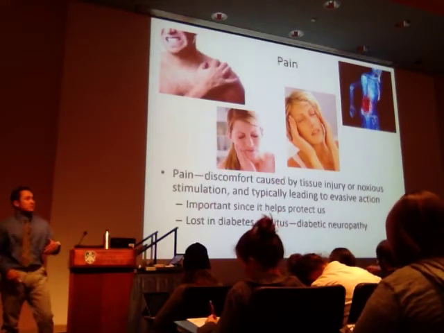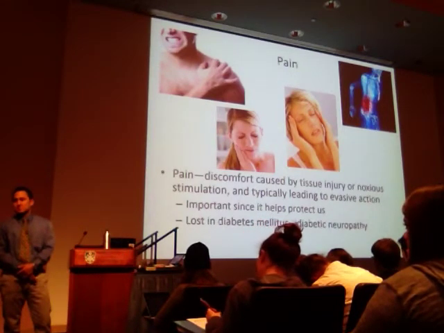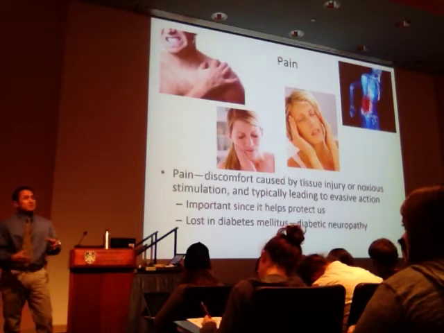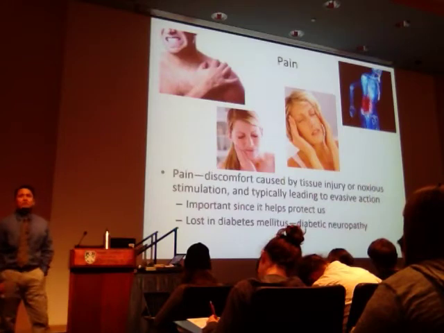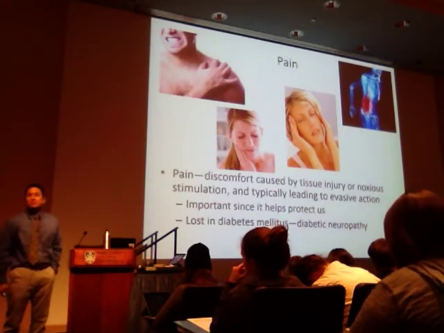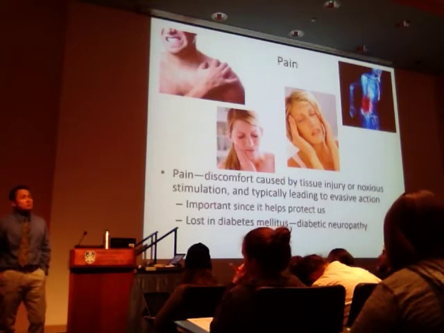And so what happens is if they get a cut on the bottom of their foot, they can't even feel it, and that becomes infected. And that evasive action is gone. They don't even realize that they have a foot ulcer or a wound until it might be too late. And it's infected and it's not going to heal well.